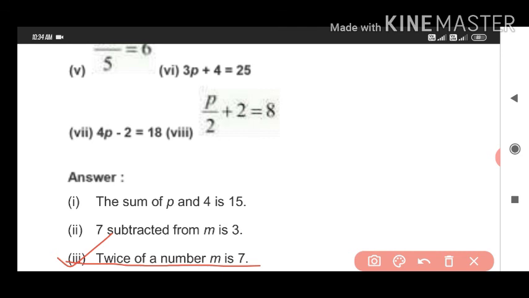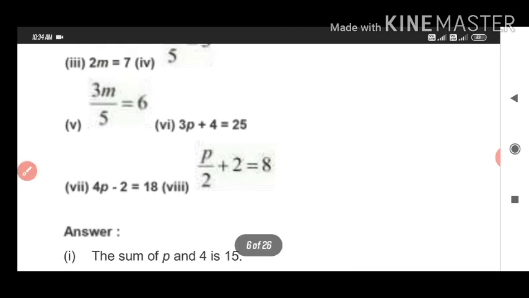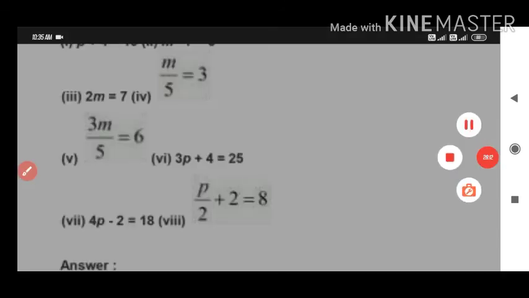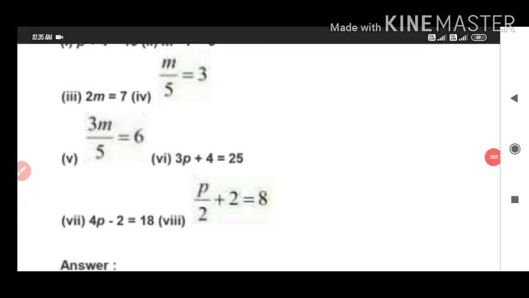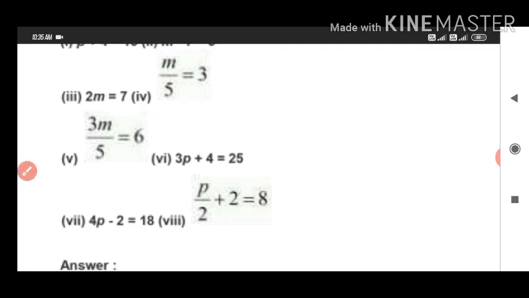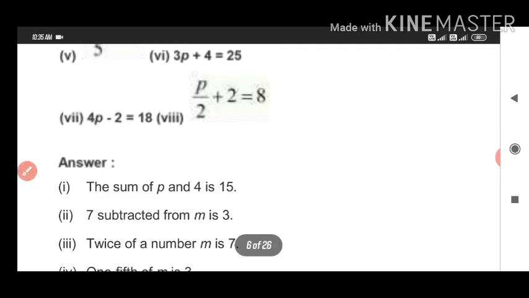Now come to question number 4. m upon 5 is equal to 3. What is given here? m upon 5. That means a number m divided by 5 is 3. You can write in that way also. So here is the answer.